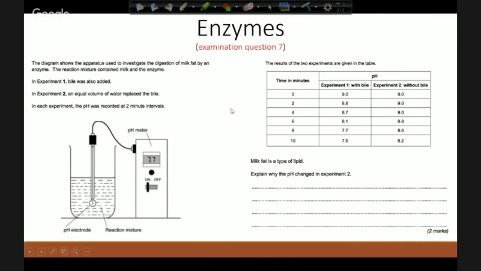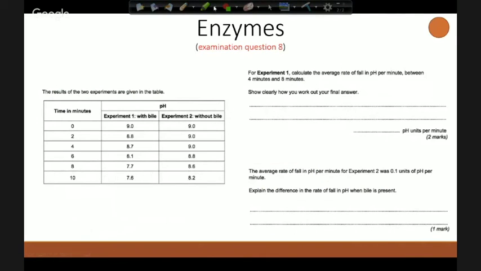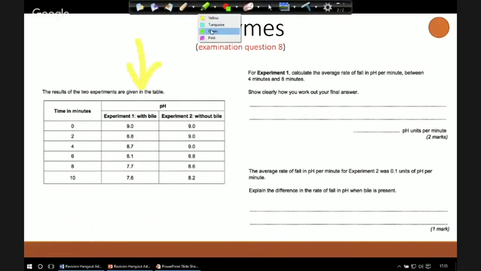Finally, the last question of the session. And again, I've repeated the results table here on the left-hand side for ease of use. In experiment 1, calculate the average rate of fall in pH per minute between 4 and 8 minutes. Show clearly how you worked out your final answer.